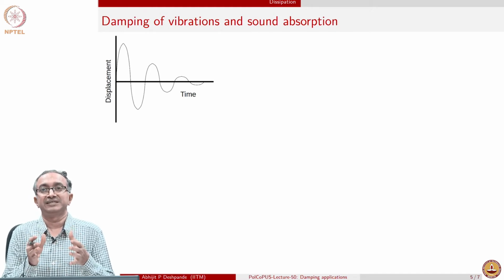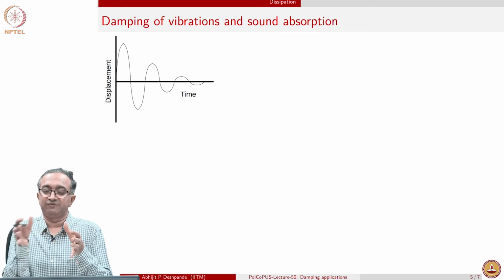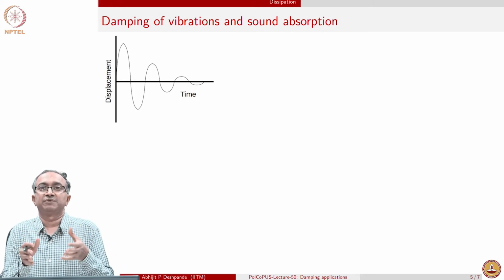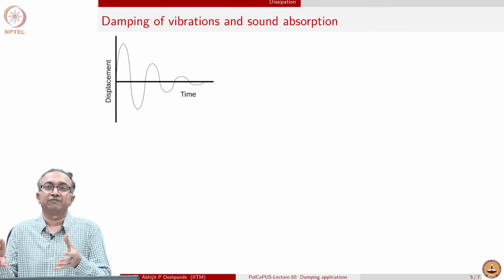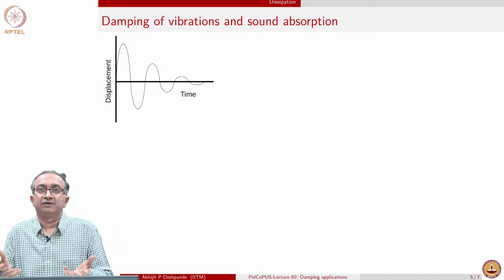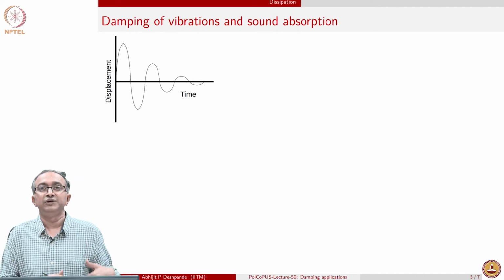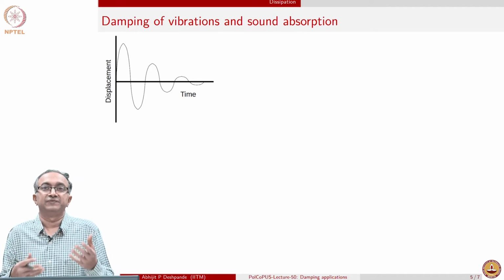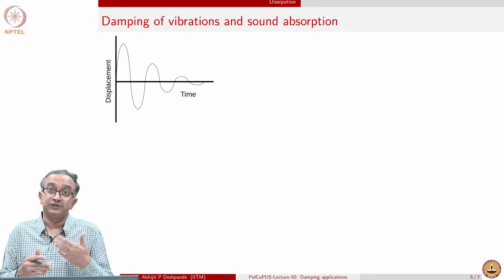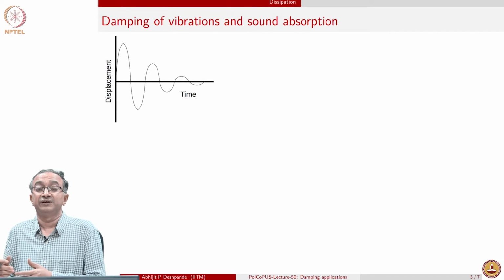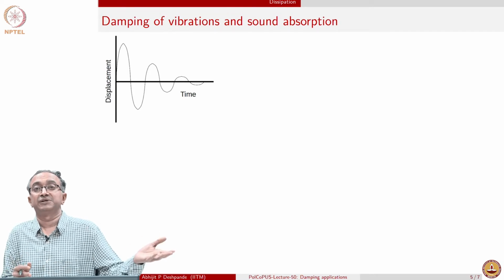So, damping is basically where we put the material, and let us say one side is vibrating, the other side should not feel it. So, for example, a machine which is located on a floor, we put vibration isolation pads below, so that when the machine vibrates, we on the floor should not feel the vibrations. The reverse could also be true, that if we have a very sensitive instrument and if we walk on the floor, our walking shouldn't induce vibration to the instrument.